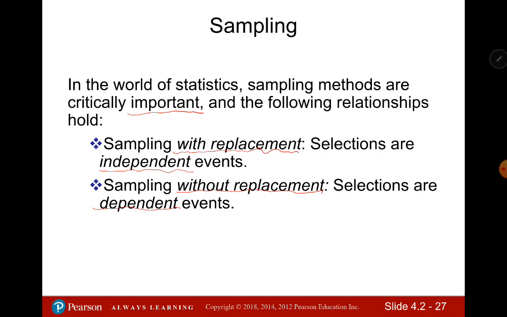Of course, we prefer the independent case, because if all of the selections are independent, then we can simplify our multiplication formula. We do not need to use the conditional probability. But if they are dependent on each other, each time we should use the conditional probability for the second event, for the third event, and so on. Of course, we prefer the sampling method with replacement.